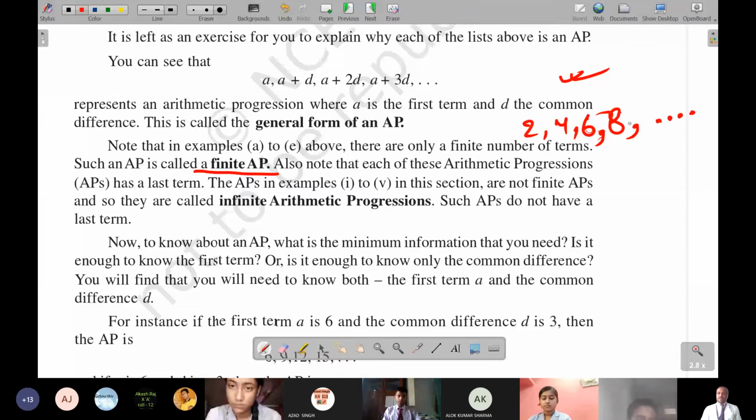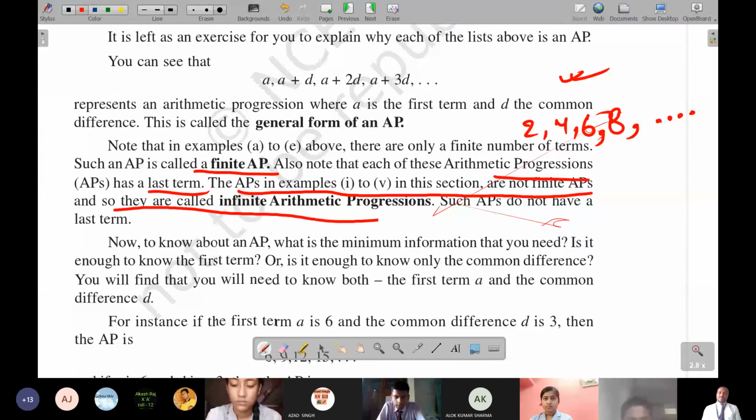The last term we do not know, it keeps on going. Also note that each of these arithmetic progressions has a last term. The APs in examples 1 to 5 in this section are not finite APs, so they are called infinite arithmetic progressions.